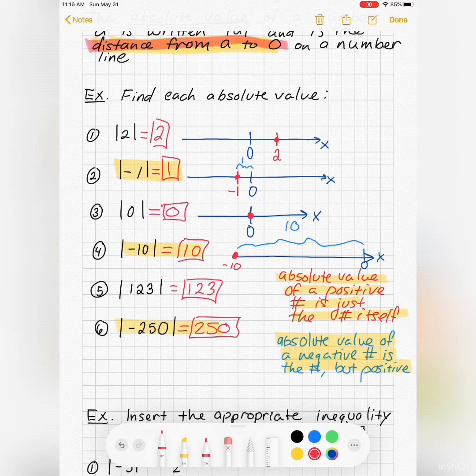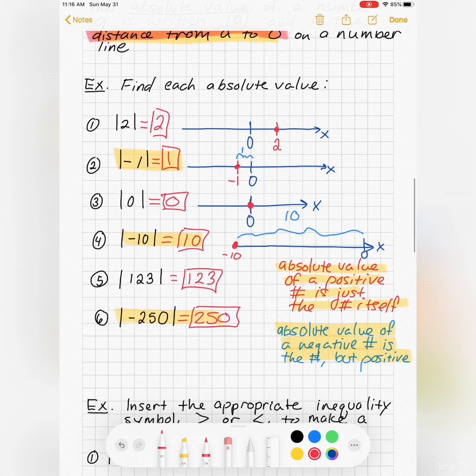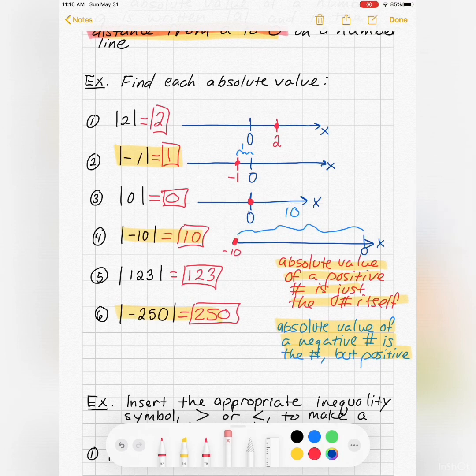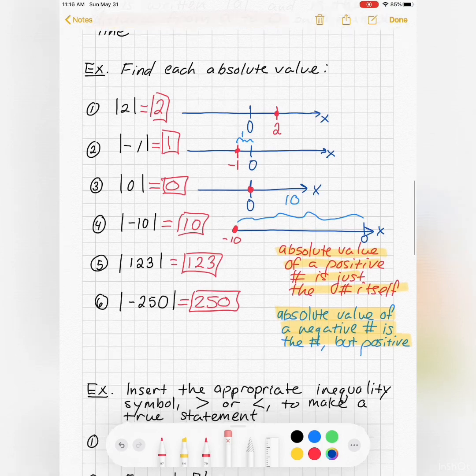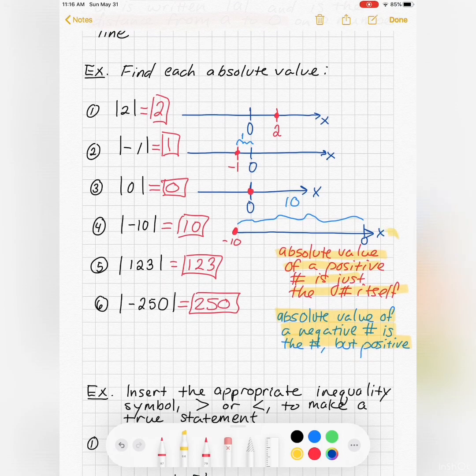So the absolute value of 0 is just 0. That's the really easy one. Okay, so it's up to you if you want to include highlighting in your notes, but make sure you have everything written down there, including the definitions, the little explanations that I have over here.